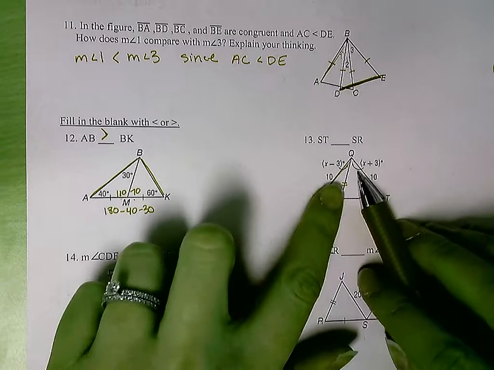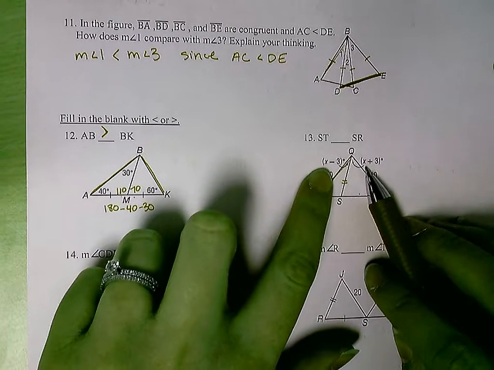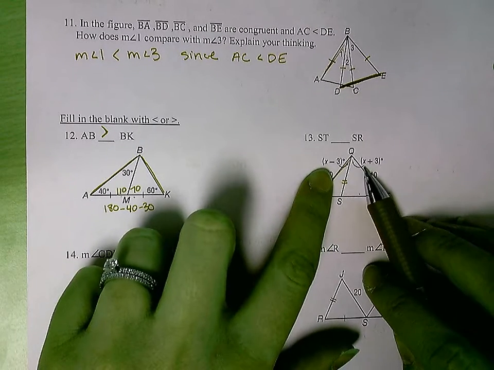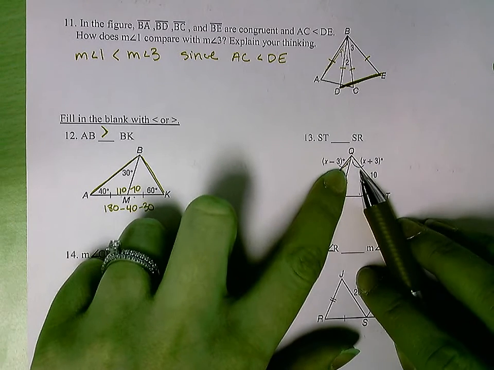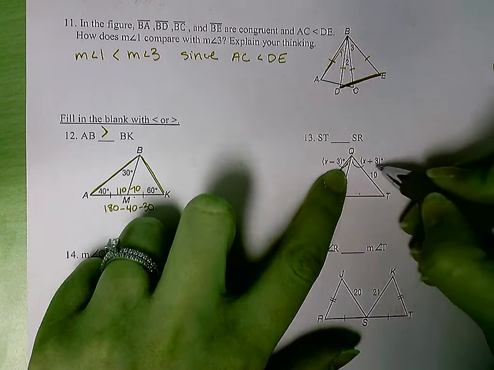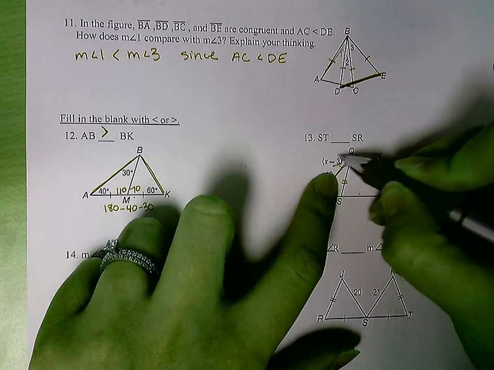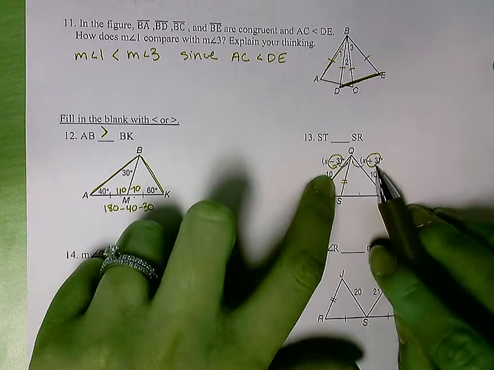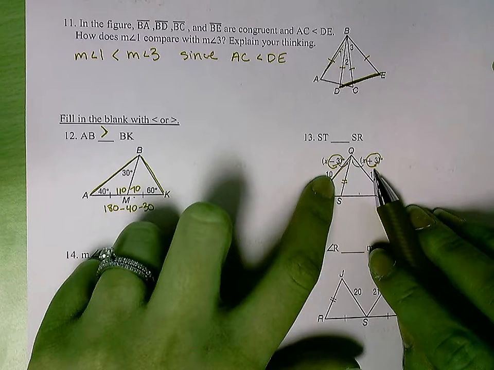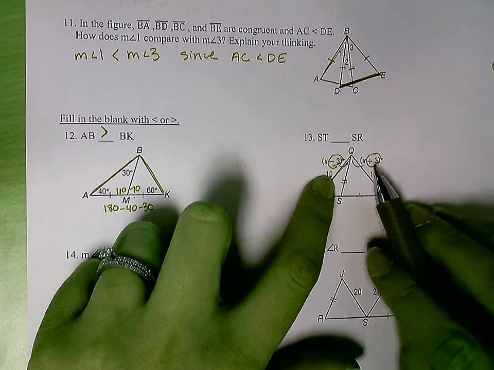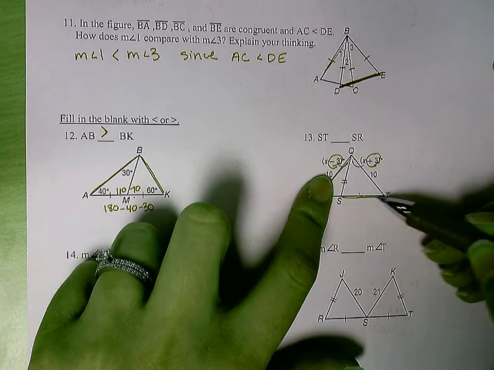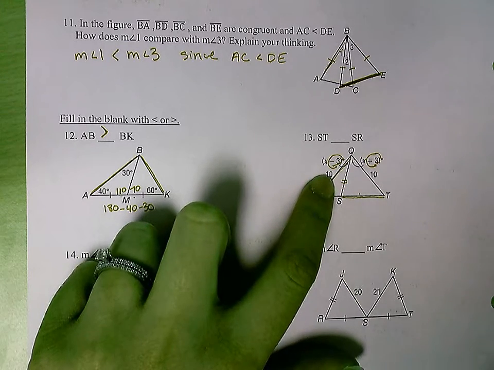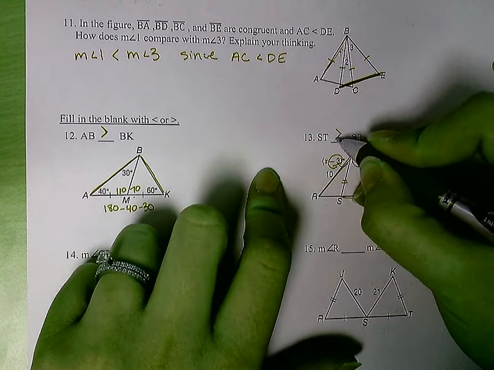If I were to plug in any number for X, say I plug in 10, I'd have 10 minus 3, that's 7, and 10 plus 3, that's 13. Since you're adding 3 to one and subtracting 3 from the other, one's always going to be greater, because you're adding 3 to that same number that you would be subtracting 3 from. So side ST would always have to be greater than side SR.